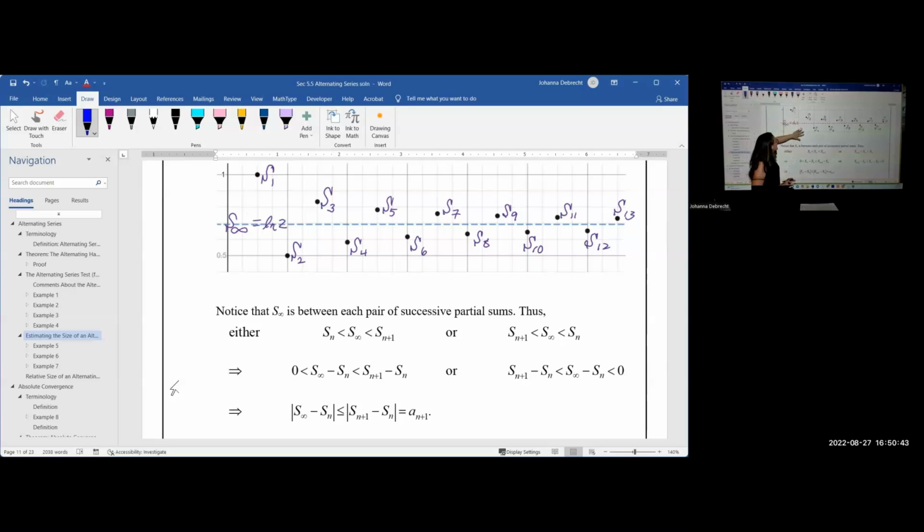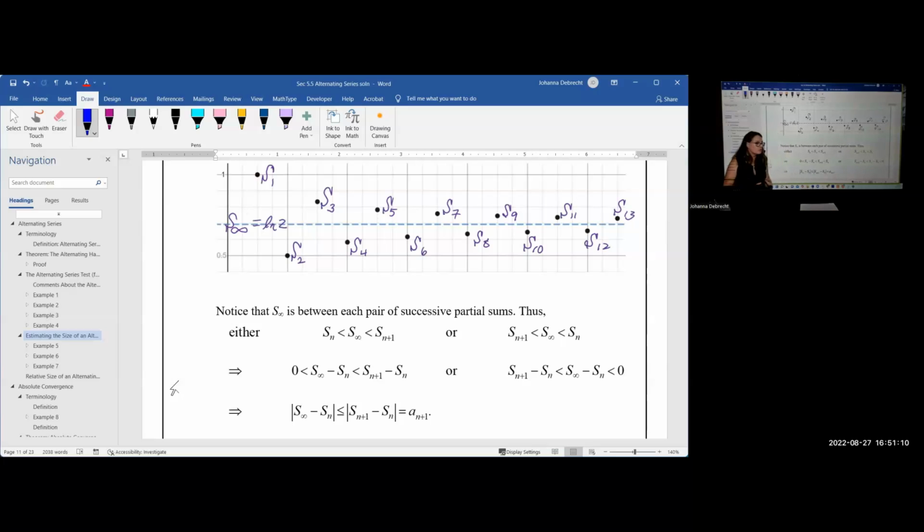It's not always the same one. In the first pairing, S1 is above, S2 is here. In the second one, S3 is over S2. And then S3 is over S4, and the infinite sum is between, right? So between every pair, the infinite sum is either between Sn and Sn plus 1, or Sn plus 1 on the left and Sn on the right.